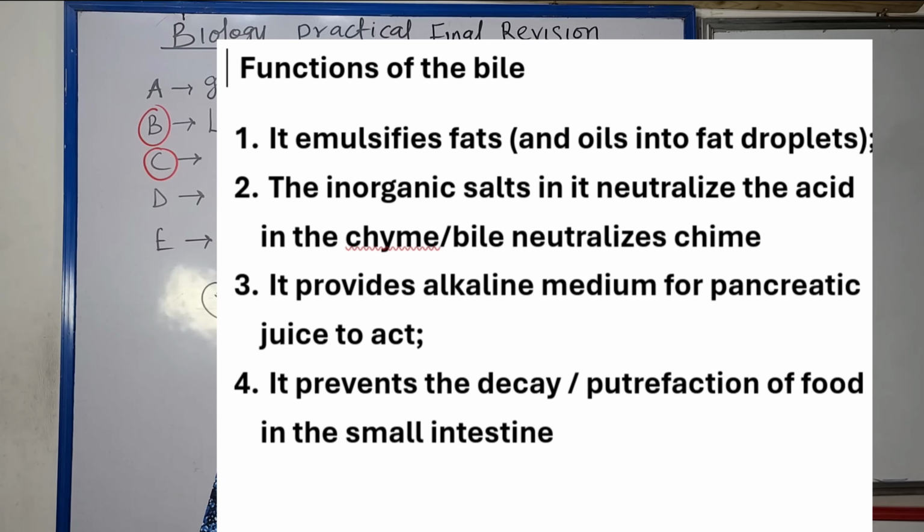So the fact that the bile is going to come into the duodenum, the alkaline pH that the secretions of the pancreas need to act is possible because of the bile pigment that comes to the duodenum. Also, it prevents decay of food in the small intestine. Yes, it prevents putrefaction of food in the small intestine.